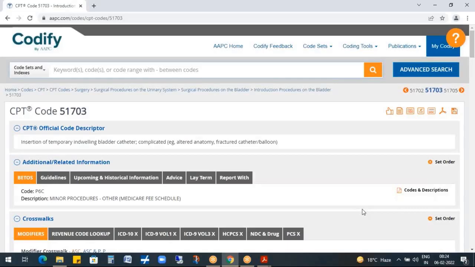They have not mentioned altered anatomy, so go with the simple method. If they are not doing the complicated method, then they have done the simple method. Okay, sir.